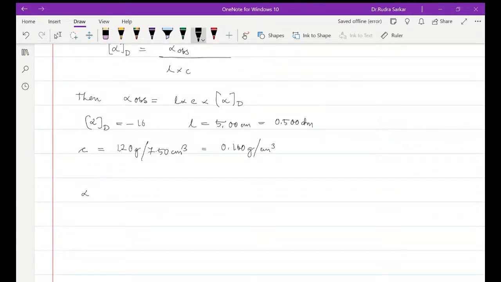And if we now do the math to calculate the alpha observed, -16 into 0.5 into 0.0016, the solution will give us the answer to be -1.3 degrees. Okay.